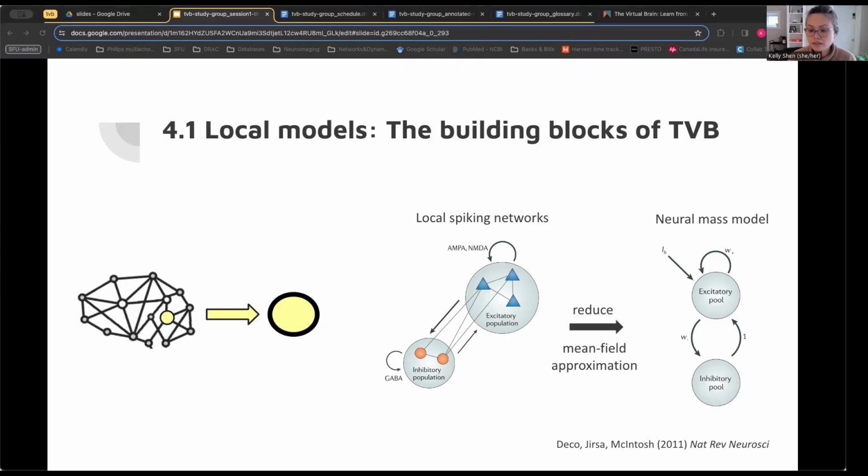So what is done is that these spiking models, where every single neuron is represented, are then reduced, and the reduced representation is called a neural mass model. Essentially, you reduce it to a single representation for an excitatory pool of neurons. That one representation represents the whole patch of excitatory neurons in that piece of brain. It can also have a single inhibitory pool, rather than hundreds or thousands, and the couplings in between them.